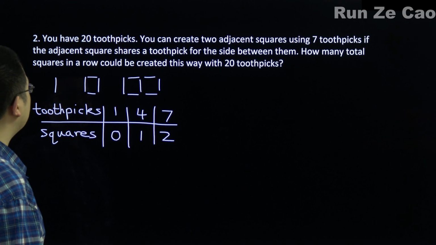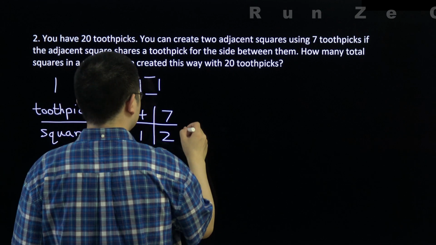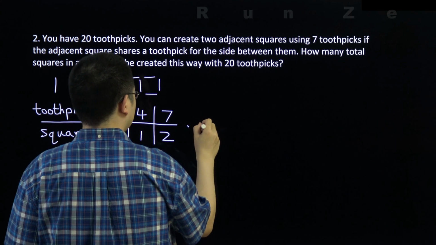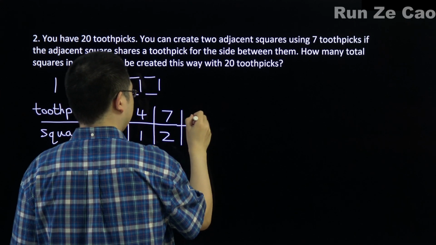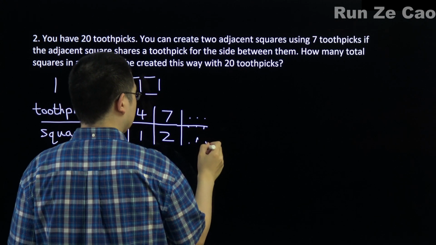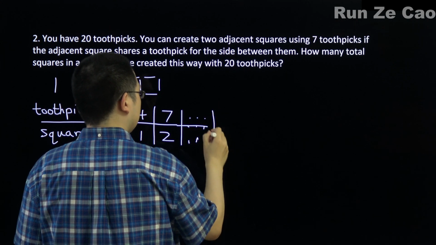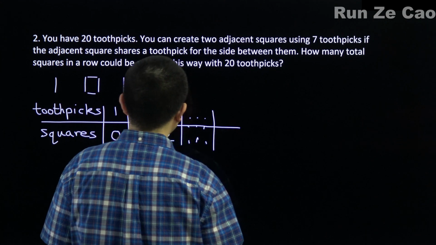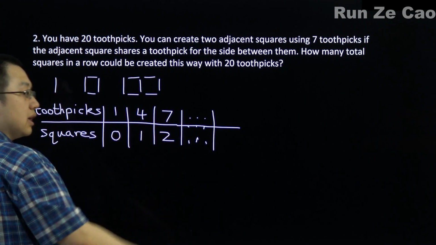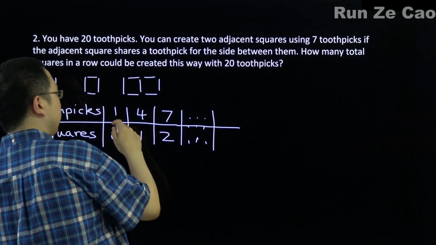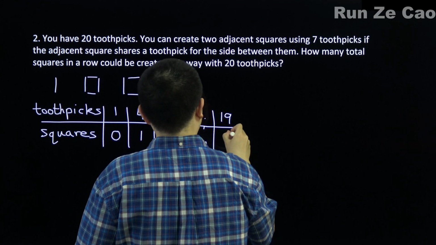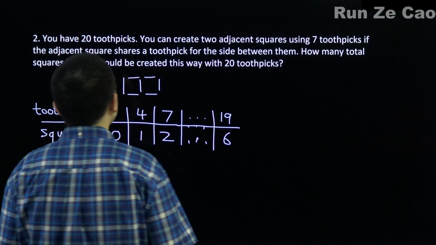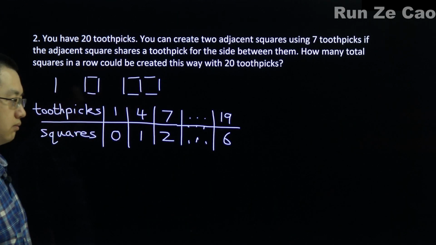How many total squares in a row could be created this way with 20 toothpicks? This is going to end up being, well, actually that depends on your format. Dot dot dot could be like this instead. This is going to end up at, you're adding 3 each time, so eventually you reach 1 plus 18, i.e. 19. And you have 6 squares.